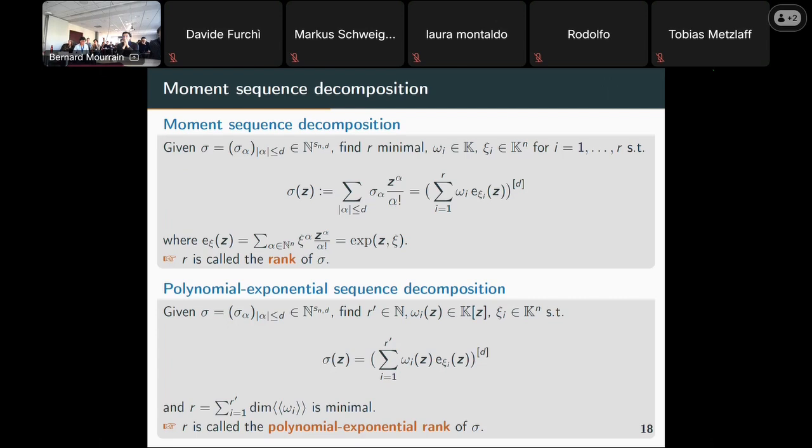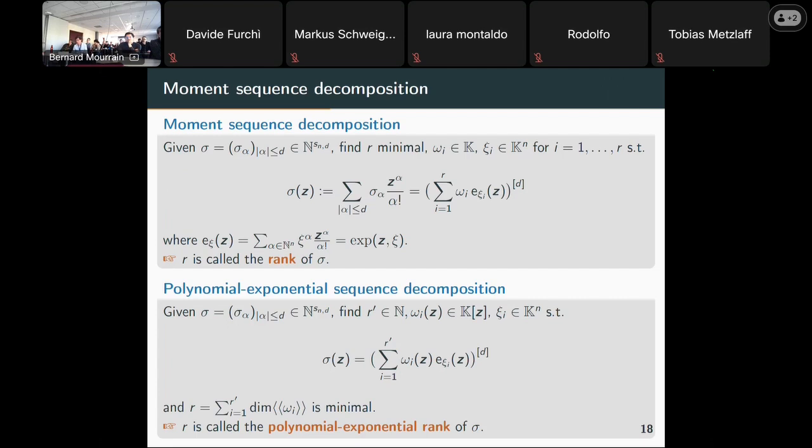So the moment sequence decomposition will be in terms of a weighted sum of exponentials, and we can also consider polynomial-exponential decomposition, where we allow a polynomial in z times an exponential. And we will see this decomposition appearing also. This is the rank of the sequence when R is minimal. So R here is the number of exponentials we have.